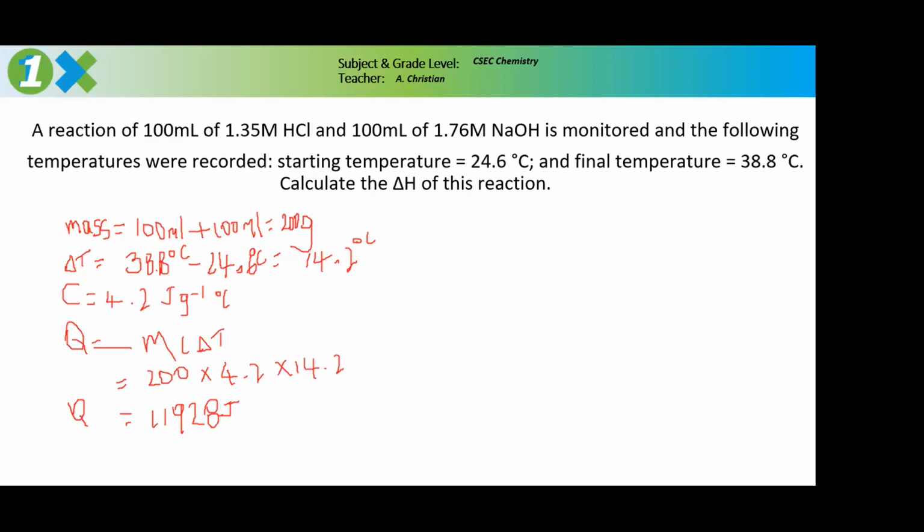Sir, would you add the 1.35 to the 1.76? Sir, would you change joules to kilojoules? No, not yet. Hold on, give me a second, please.